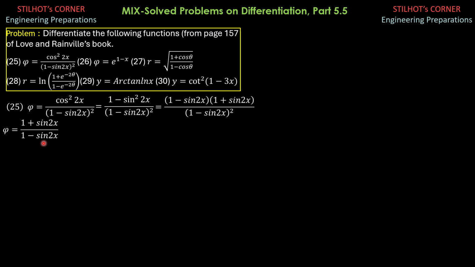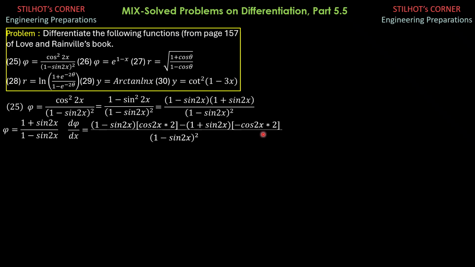So we have the denominator 1 minus sine 2x times the derivative of the numerator, which is cosine of 2x times 2, minus the numerator, quantity 1 plus sine 2x, times the derivative of the denominator, negative cosine of 2x times 2.